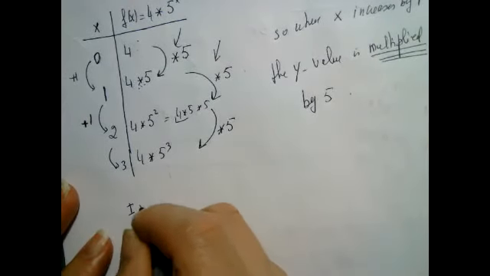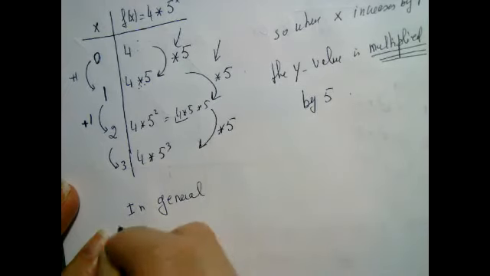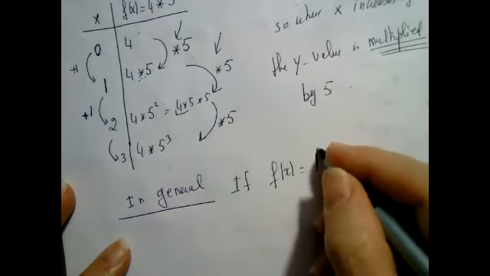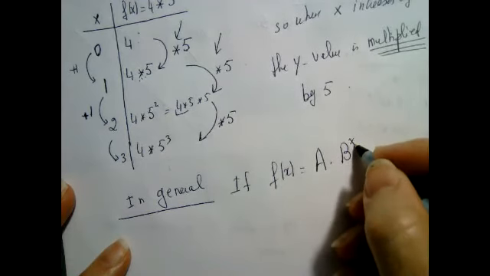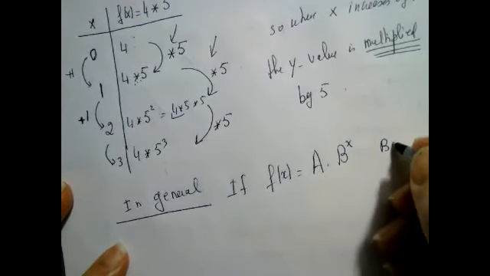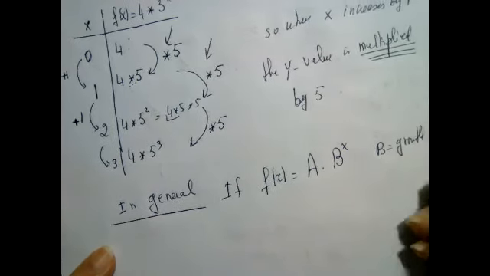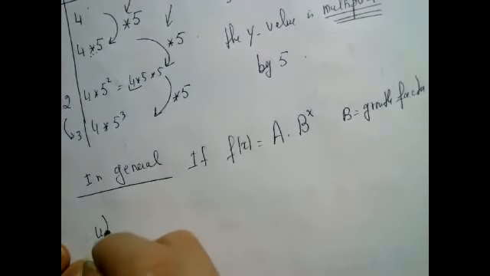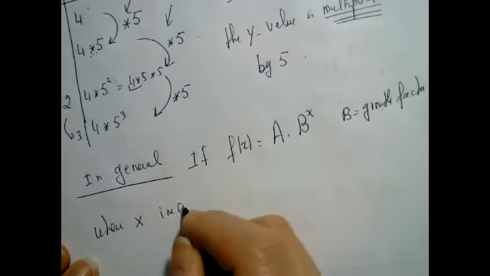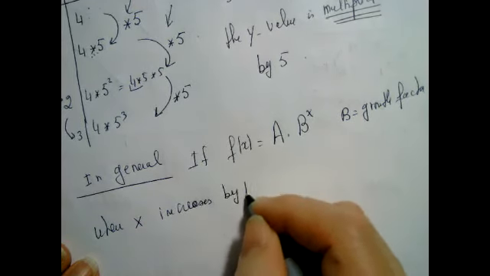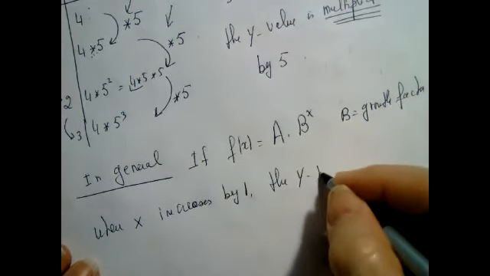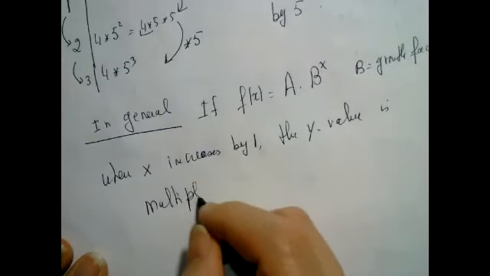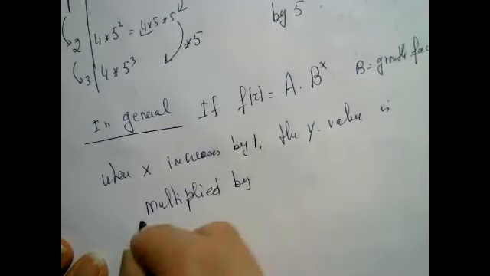So in general, if f of x is an exponential function, b to the x, where the growth factor is b, then when x increases by 1, the y value is multiplied, not added, by the growth factor b.